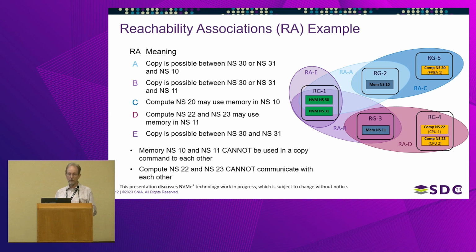It is a fairly complex thought process, but as I said, it is standardized. It is a ratified technical proposal. So with that, I'm going to turn it back over to Kim to talk about the particular example.